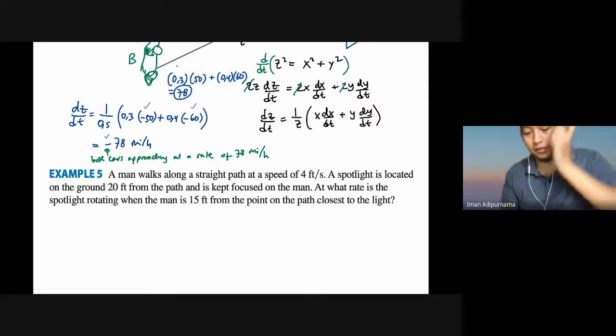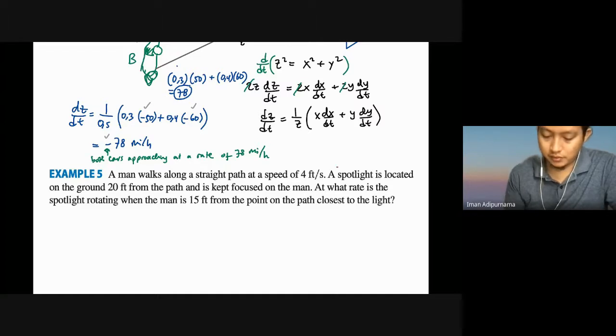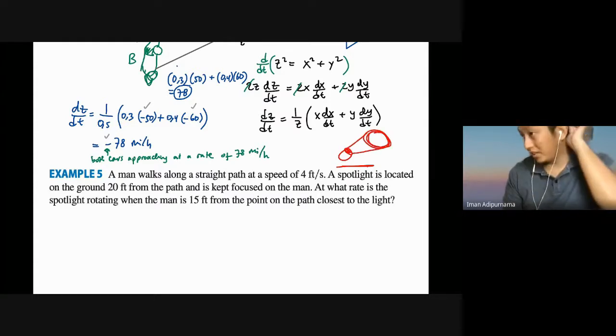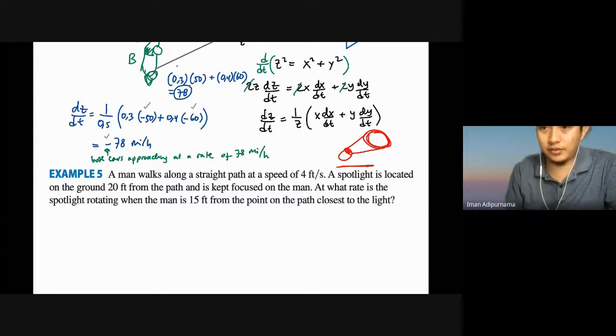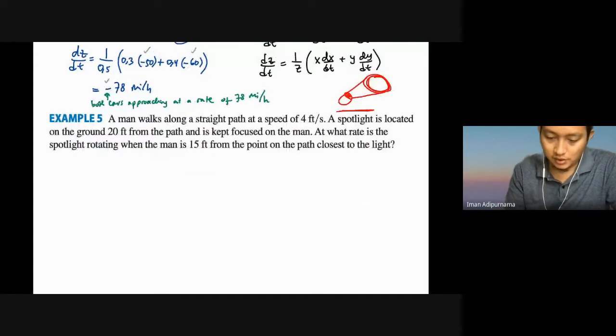The spotlight is basically a lamp, right? A lamp that, like in a performance with a singer, there will usually be a light focusing only on the performer or the singer. That's the spotlight.